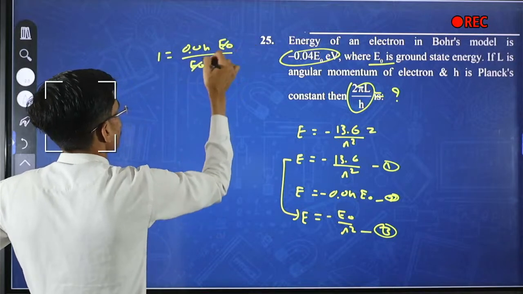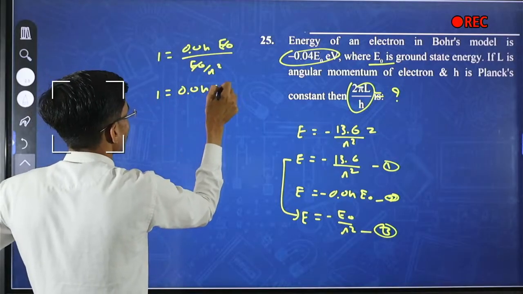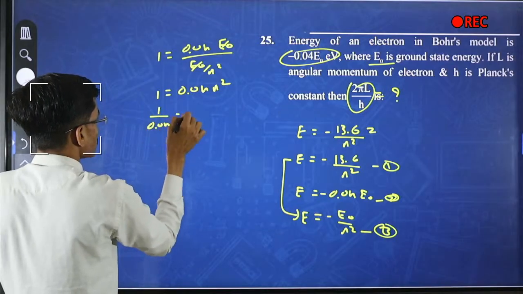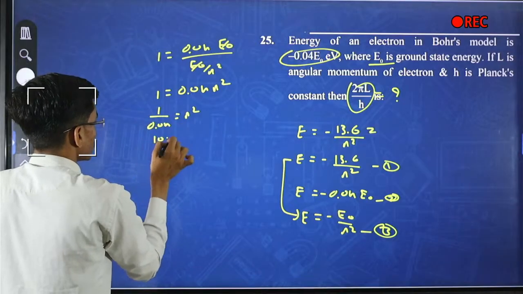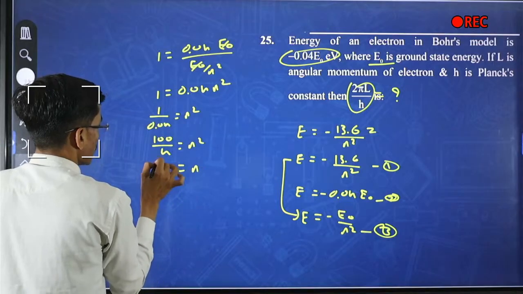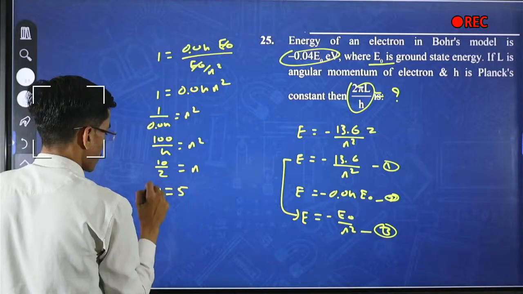So E0 will be cancelled out. So 1 is equal to 0.04 into n square. So 1 upon 0.04 is equal to n square. So this can be written as 100 upon 4 is equal to n square. So n will become 10 by 2. So n is equal to 5.